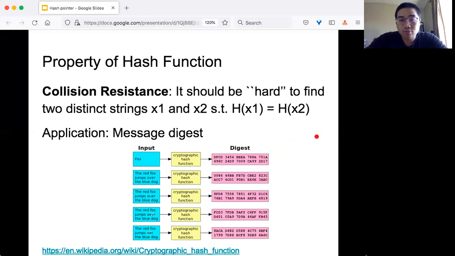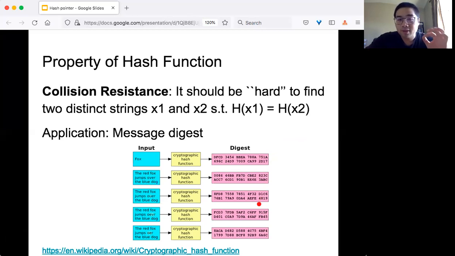And one application is message digest. In lots of applications, we don't want to send the message itself. For example, the input here, the blue one, we don't want to send it. Instead, we send a hash of our message. So the digest will look like just some random numbers.